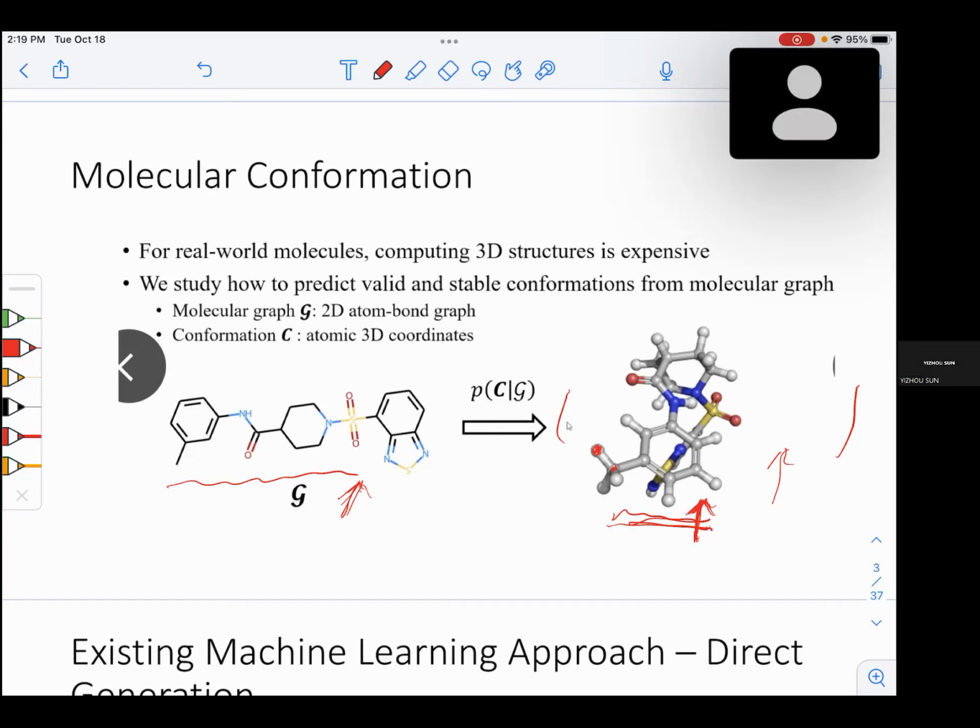So what we mentioned here and in our previous discussions is that the 2D graph structure contains less information, so it has some ambiguity. For example, for the unconnected atoms on the right-hand side, if you rotate the local structure, sometimes it has a bigger distance, sometimes a small distance. That type of information is not captured on the left-hand side.